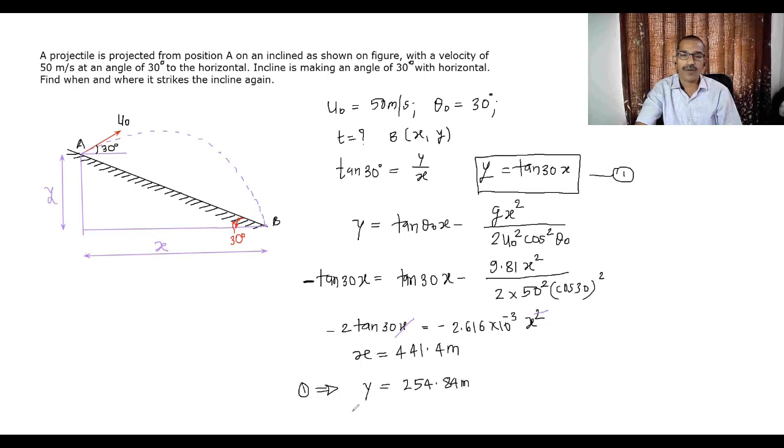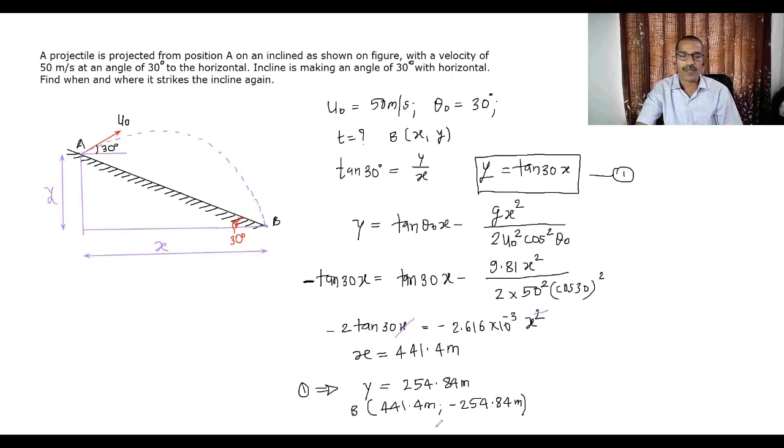Now if you want to write the coordinates of point B, that is 441.4 meters, and y is below point A, therefore we write it with a minus sign, 254.84 meters. This is the location. What is the problem asking? When and where. Now, when means after what time it strikes B.